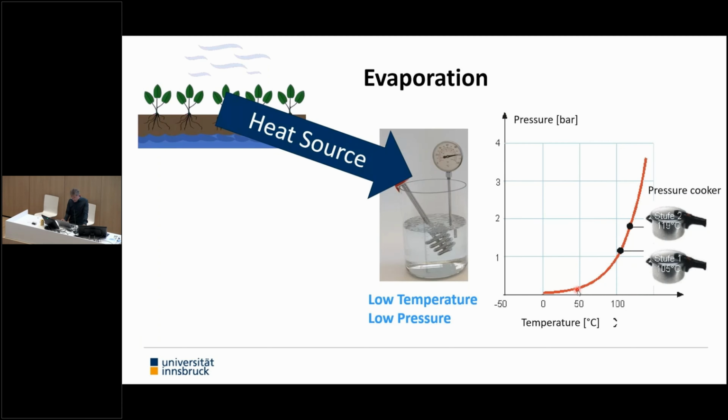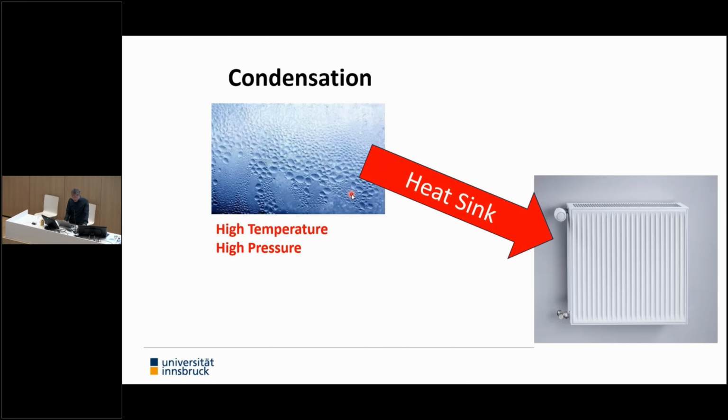So what we like to do is take heat from the ambient, use it for evaporation of a fluid, of a refrigerant. On the other side, we have condensation, and as you know, for condensation there will be some heat emitted, and this will take place at high temperatures and high pressure.